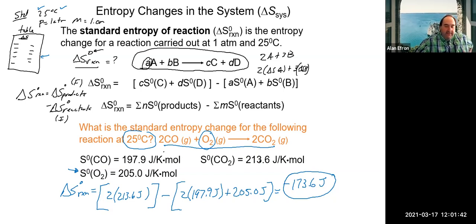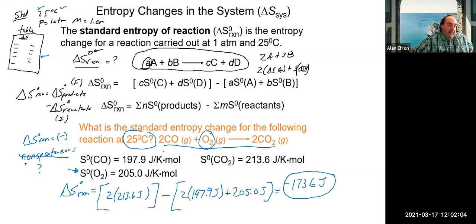And it is negative. So what does this value mean? Does this mean that the delta S of this reaction is negative? Does this mean that this reaction is non-spontaneous because of that? And the answer is, don't know.